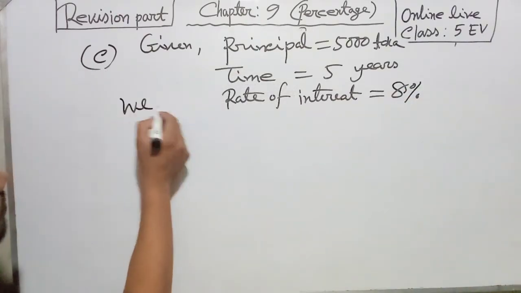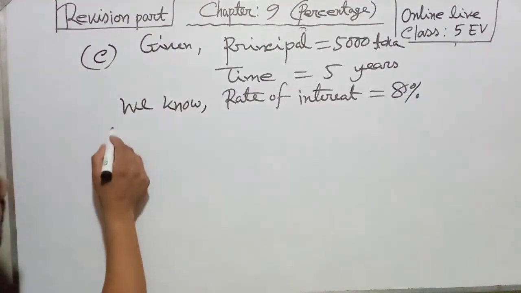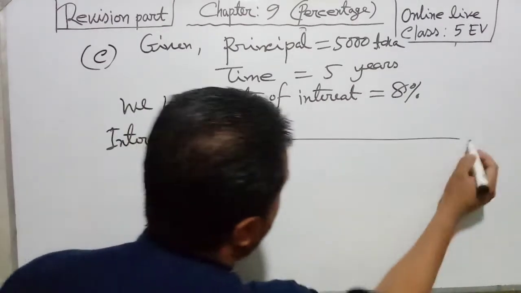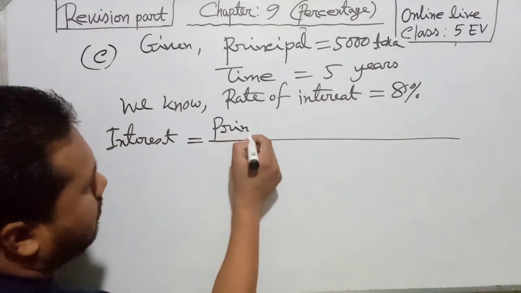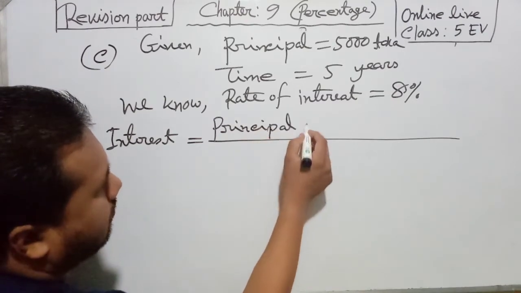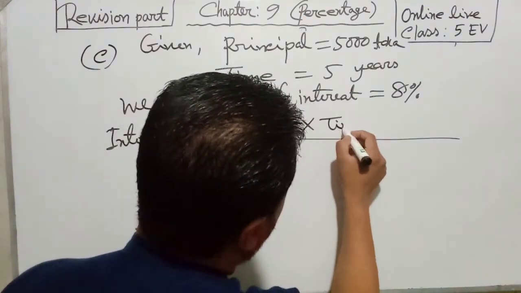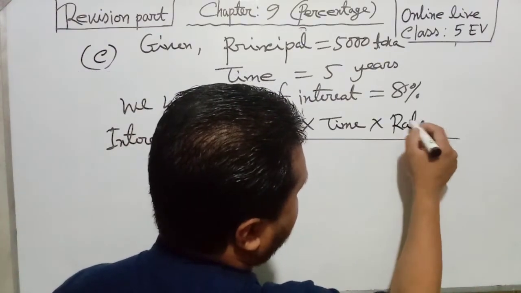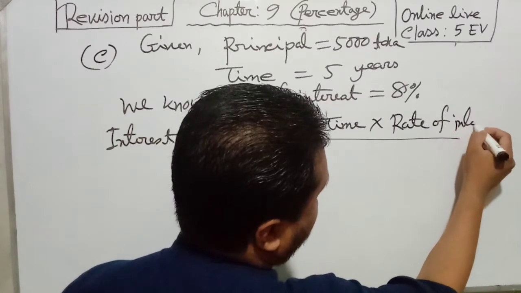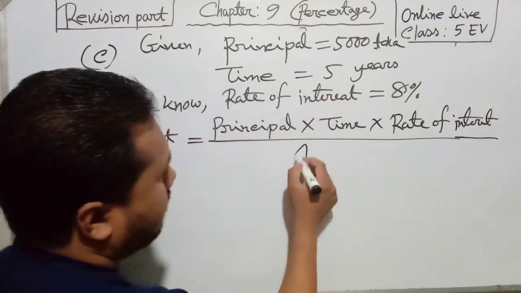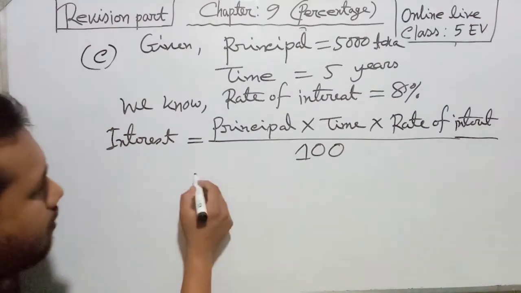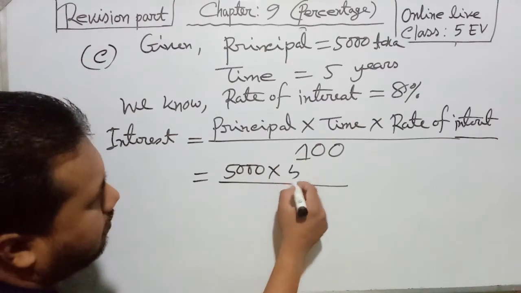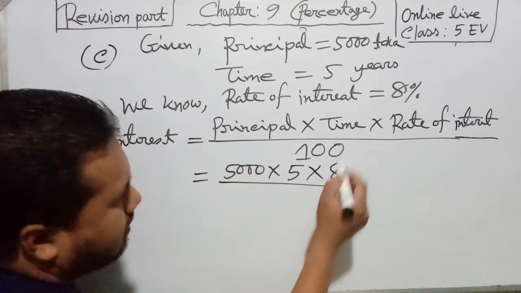Now we know interest equals principal into time into rate of interest divided by 100.